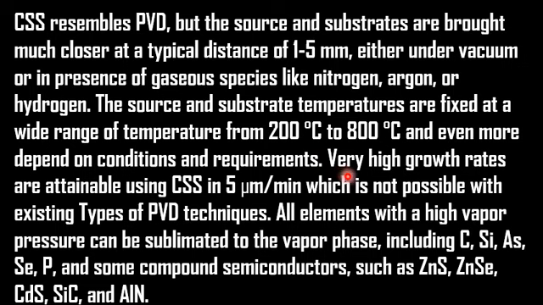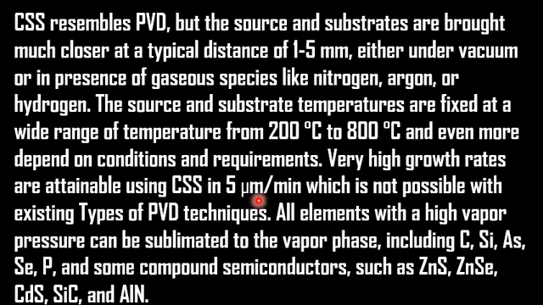Now, student, please note that the closed space sublimation process has a higher growth rate than other physical vapor deposition techniques. The growth rate of the closed space sublimation process is around 500 micrometers per minute.